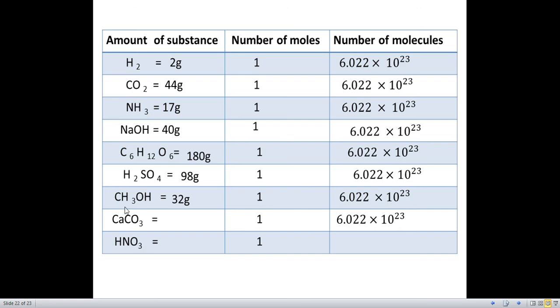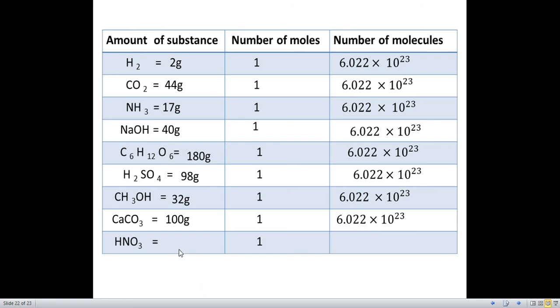Then CH3OH, 32 grams, 1 mole, the same number of molecules. Calcium carbonate, CaCO3, 100 grams: calcium 40, carbon 12, oxygen 16 times 3. If you add this, you get 100 grams and 1 mole, and the number of molecules is the same, the Avogadro number.